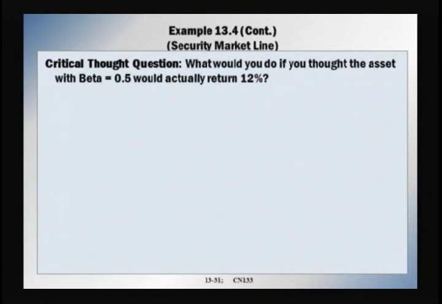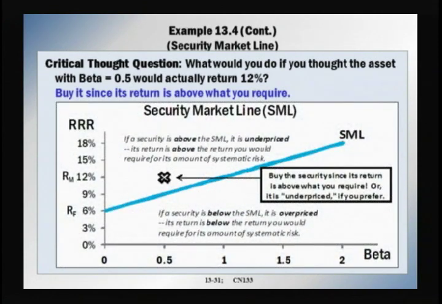But we analyze the stock and we predict it will actually return 12%. That's the type of asset we want to buy because we expect it will actually return more than we require. We expect 12%, we require 9% per CAPM. That exceeds our required return and we should want to buy that stock.